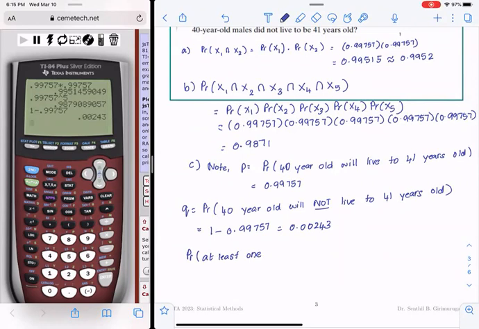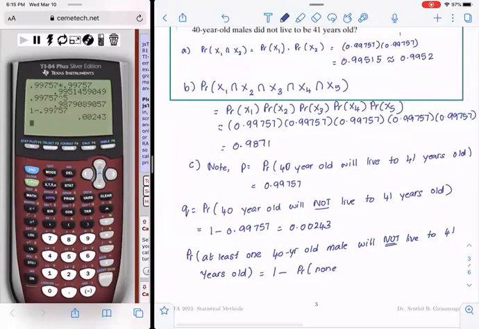So at least one 40-year-old male will not live to 41 years old is equal to 1 minus the probability that none of the 40-year-old males will not live to 41 years old.